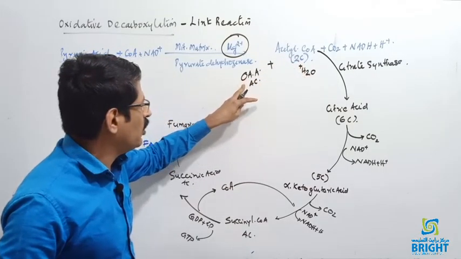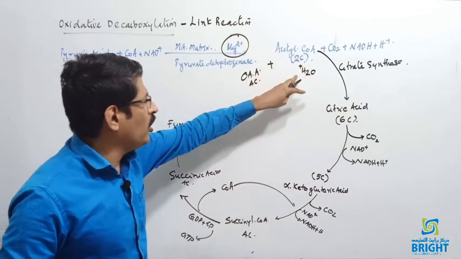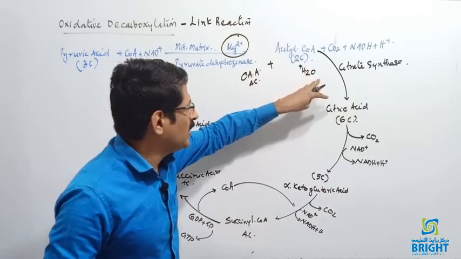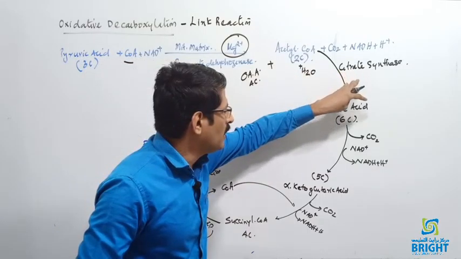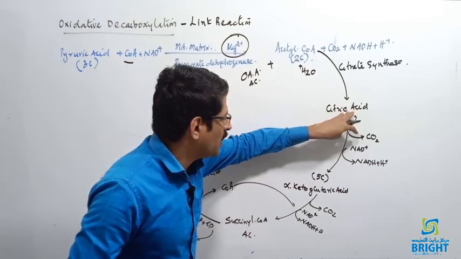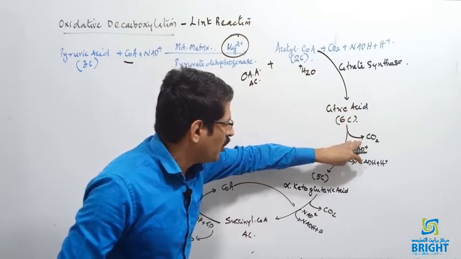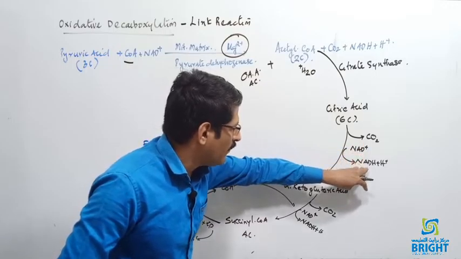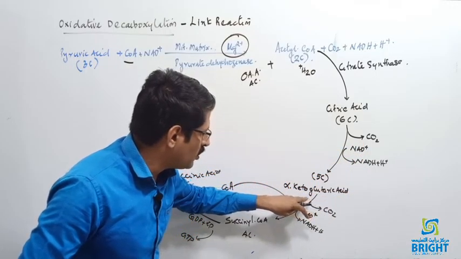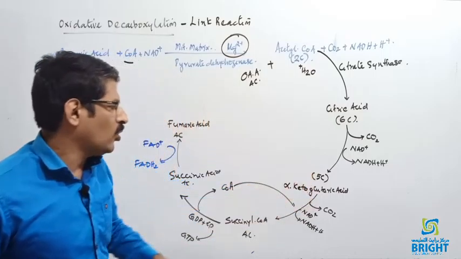Here acetyl coenzyme A, a 2-carbon compound, combined with oxaloacetic acid, a 4-carbon compound, along with water, undergoes condensation, and it is mediated by citrate synthase, and it results in the formation of citric acid, a 6-carbon compound, and it releases one molecule of carbon dioxide along with the synthesis of one NADH+H+, and produces a 5-carbon compound called alpha ketoglutaric acid.